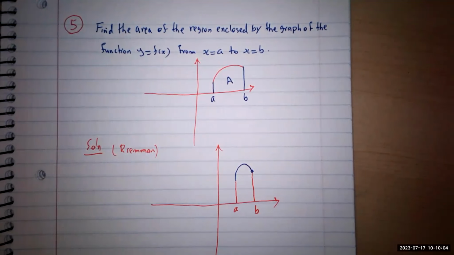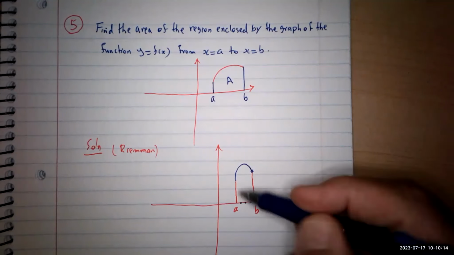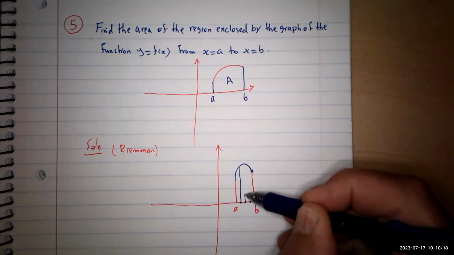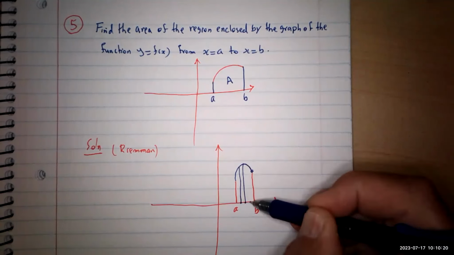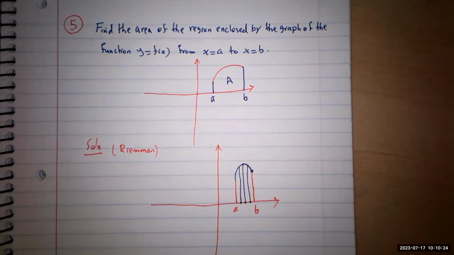So what we do is we can partition it into different parts. We can partition equally. I'm going to partition it equally, so that's going to be equal partitions. Then I draw some vertical lines. Then I can make some rectangles. You can make rectangles from inside or outside.